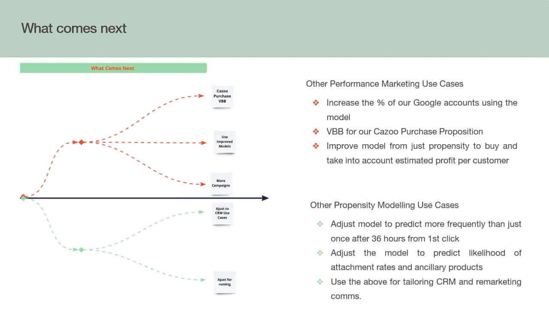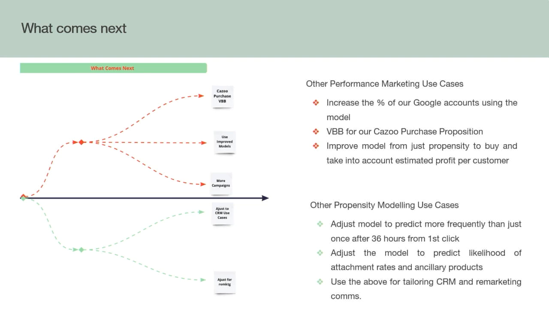But we can make those predictions more recurring, have an updated value of how likely our customers are to purchase from us, and use that to target them differently in our CRM campaigns, on our remarketing channels, for example, if we have updated predictions on our customers. So these are just a few possibilities of what comes next from here.